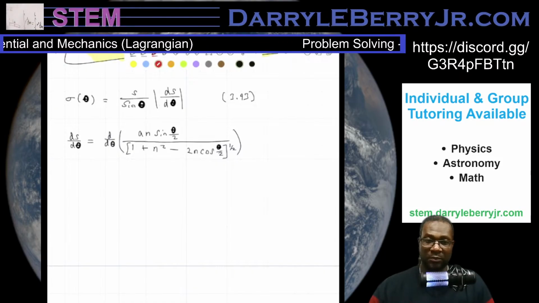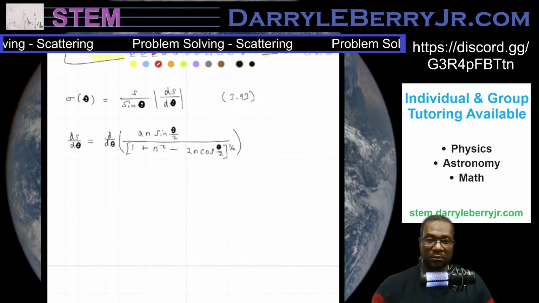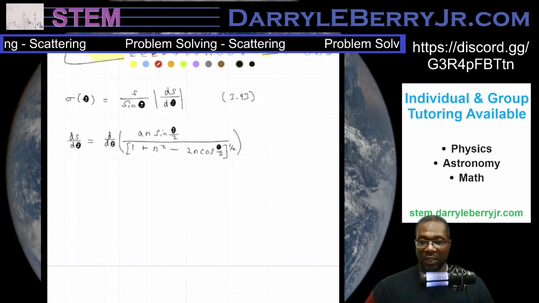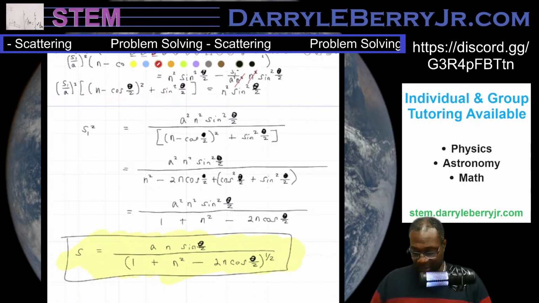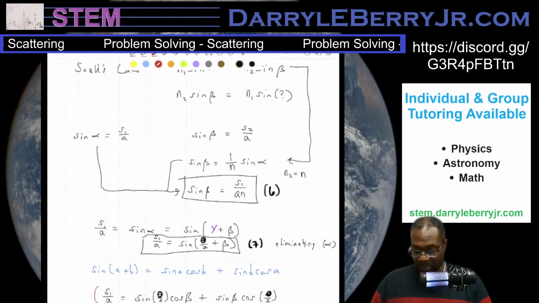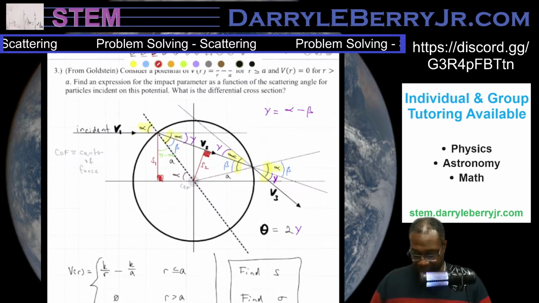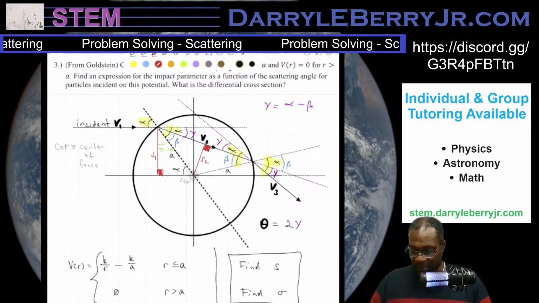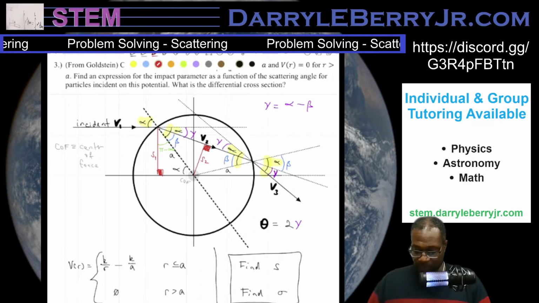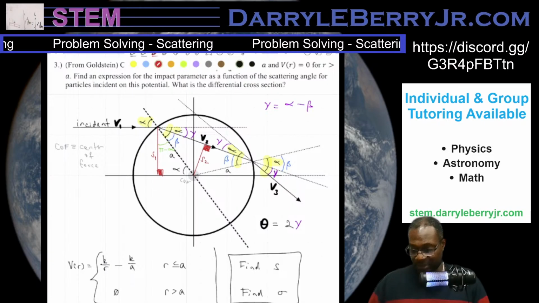Scattering. It was found out the impact parameter, which I understand now to be the perpendicular distance between the incident particle velocity and the center of force that's causing the particle to scatter.